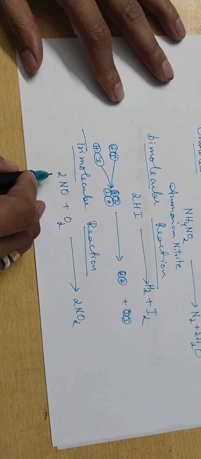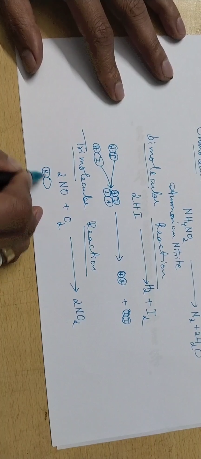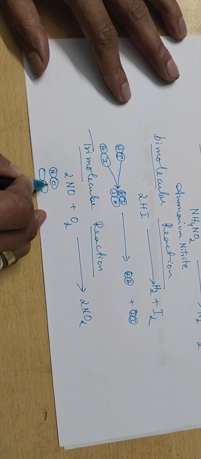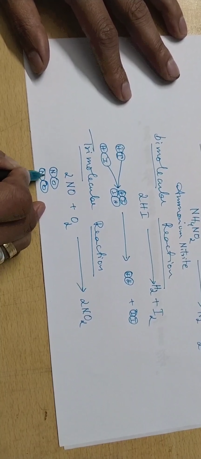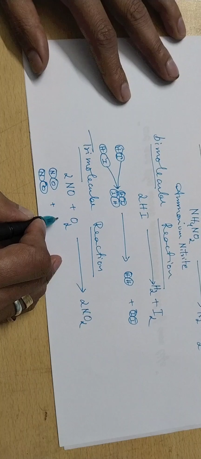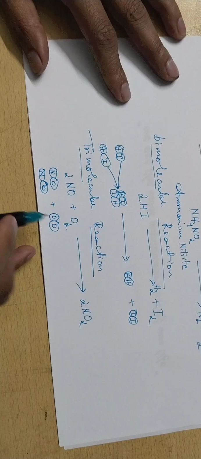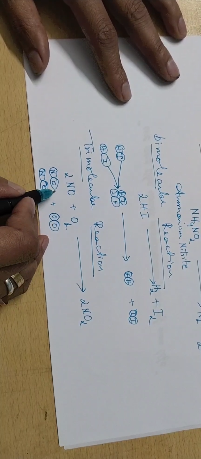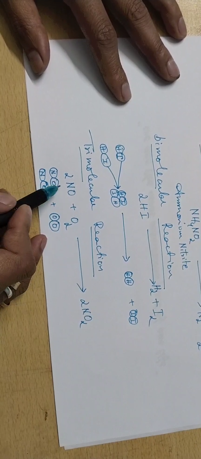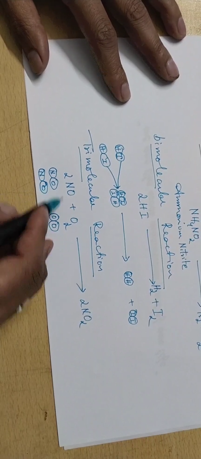So in this case there are two molecules of NO which are colliding with one molecule of oxygen. Now this collision should happen simultaneously. These three molecules need to simultaneously collide, all the three at once, for the reaction to occur.